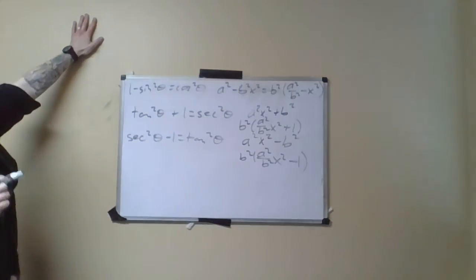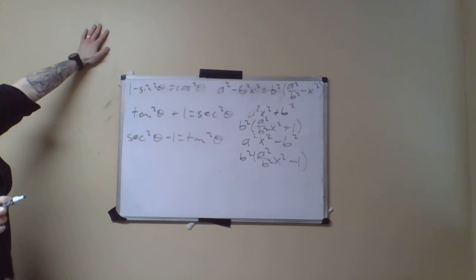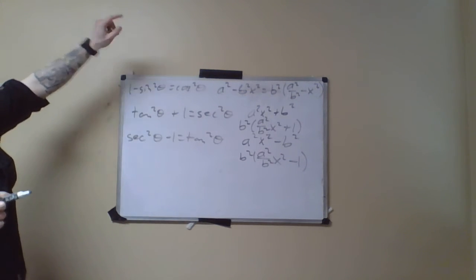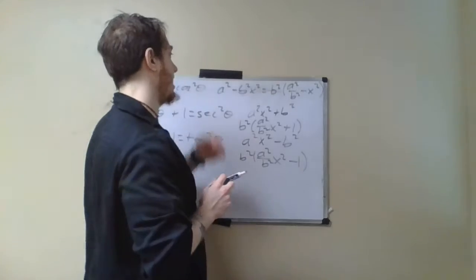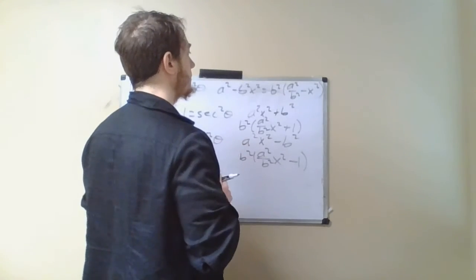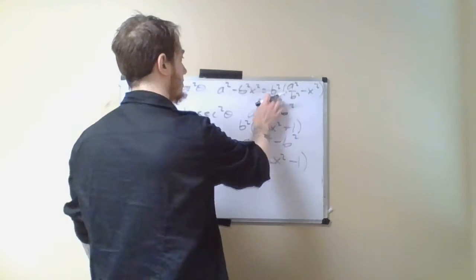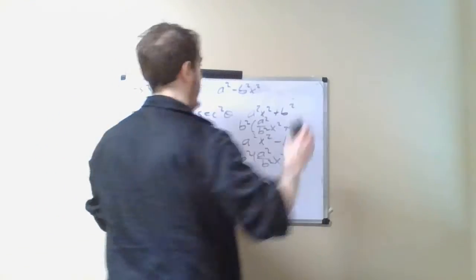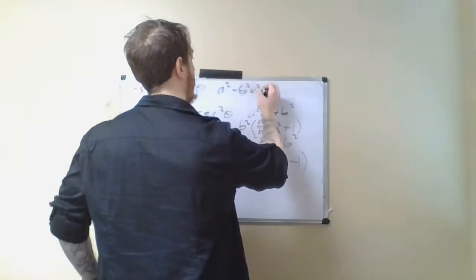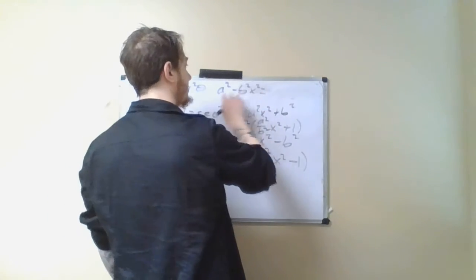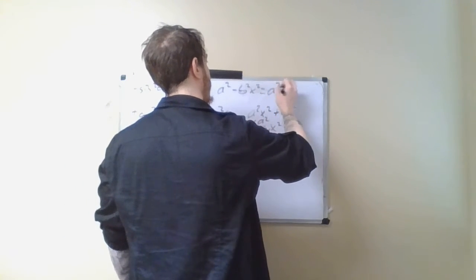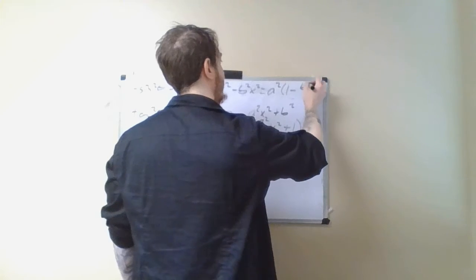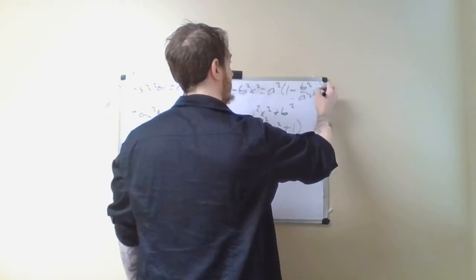Now, the reason why this is going to help us is that, for this first one, let's rewrite it in another way yet, because I want to have a 1 in here. So let's actually factor out an a squared. We would get a squared times 1 minus b squared over a squared x squared.